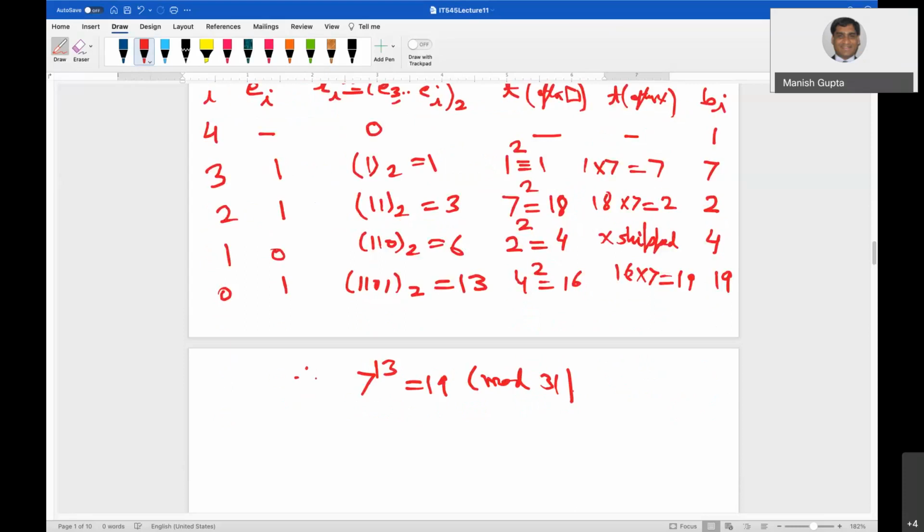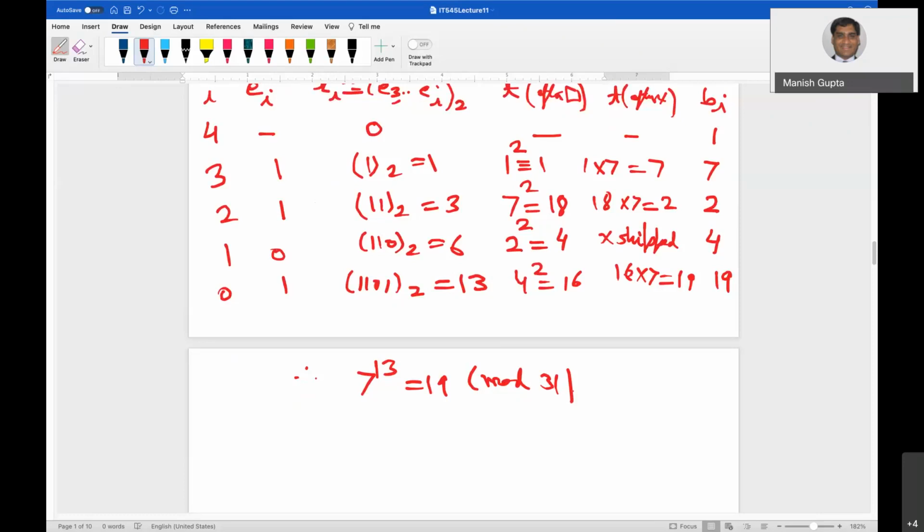So I hope you have looked at this algorithm of modular exponentiation. Now, actually, a little bit of modification was done in this algorithm in 1986 by Barrett. We can improve the algorithm a bit by using a reduction in the division, because the division is the only costly operation.